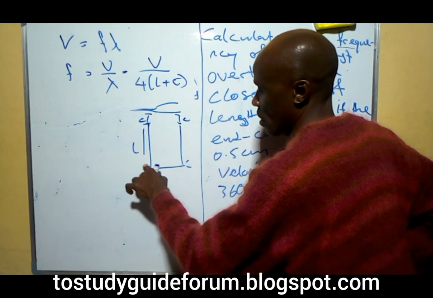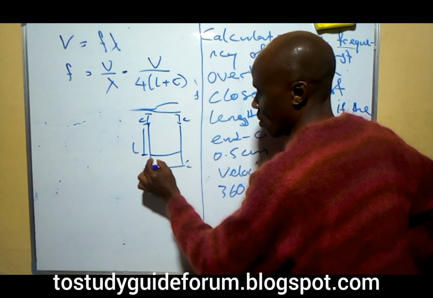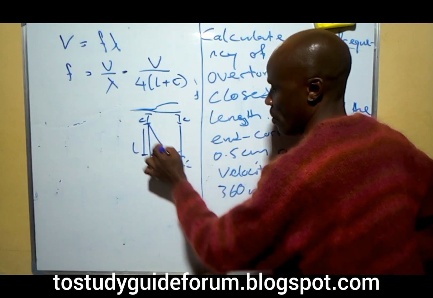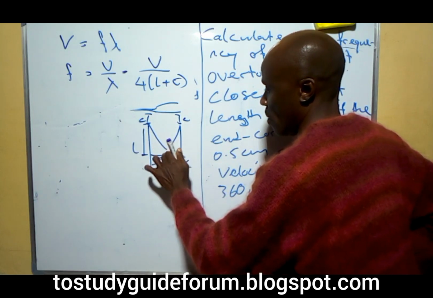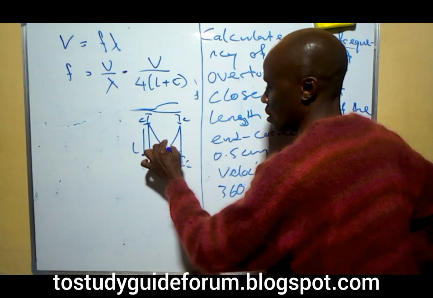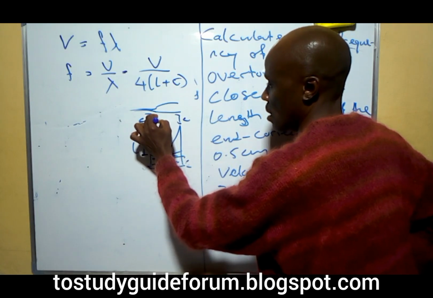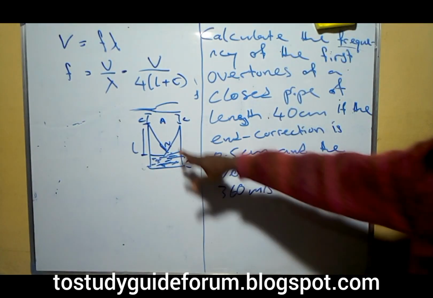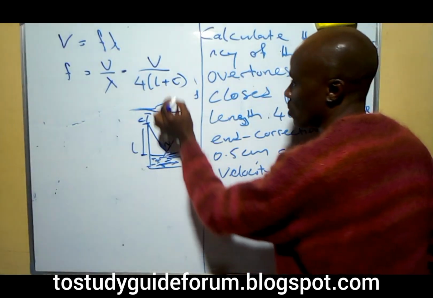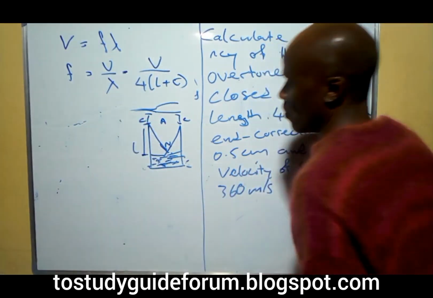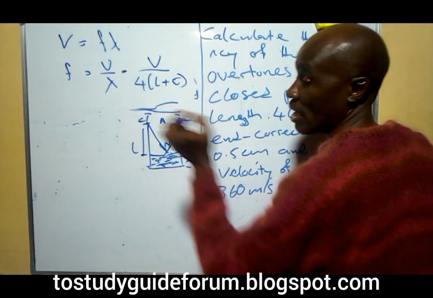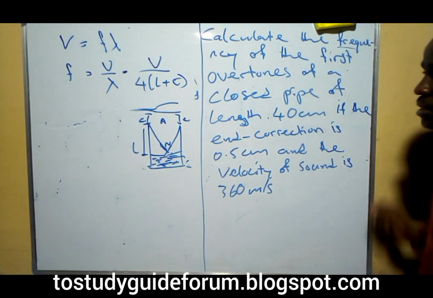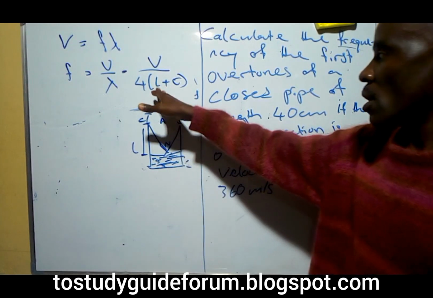This is the column, the area that contains the water, and we have our wave. This is the node, and this is the antinode. So the end correction is this area, because if you want to get the real length, and the end correction is given to you, that means you need to consider this other end of it, the C. That's how we arrive at this.